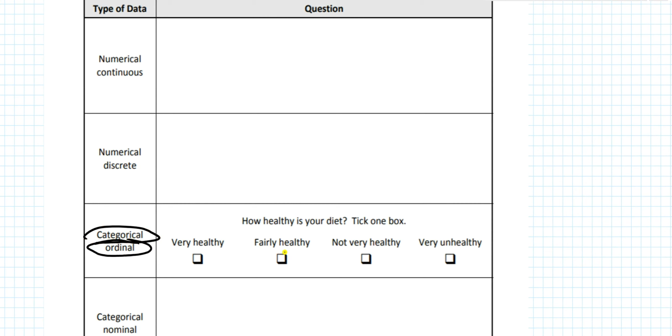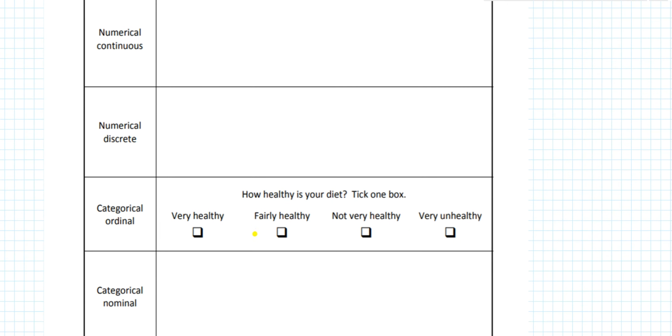So we could see very healthy, fairly healthy, not very healthy, unhealthy. We could rank them. But categorical nominal would be a question that has answers that are not numbers, so different groups, and nominal means that they cannot be ordered.